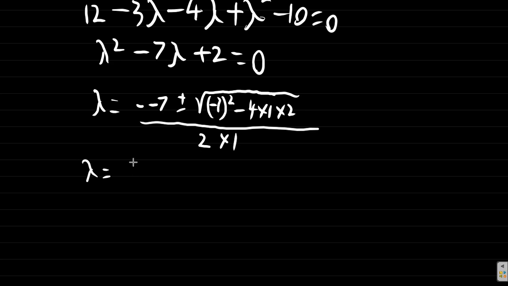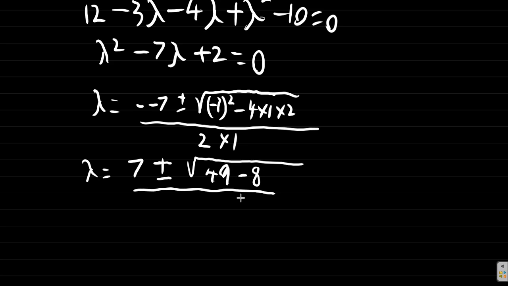So lambda equals 7 plus or minus the square root of 49 minus 4 2's 8, over 2. 49 minus 8 is 41. So under the square root sign would turn out to be 41. 7 plus or minus the square root of 41 over 2. Alright.